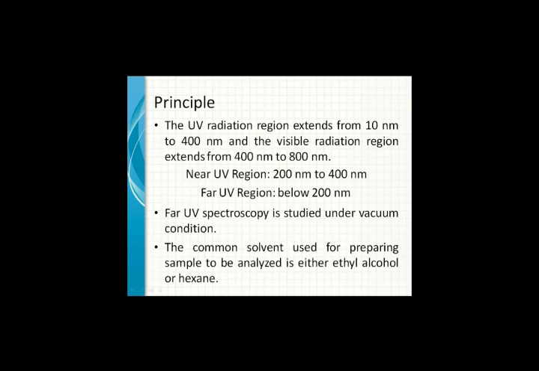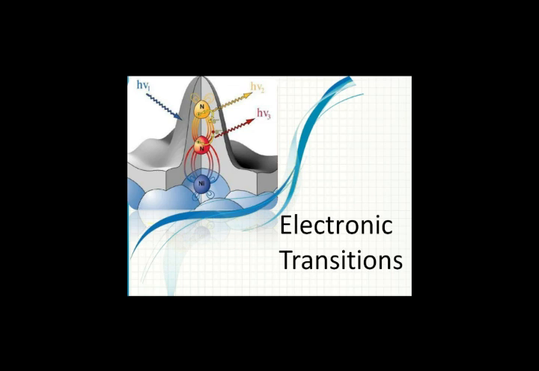When the compound is exposed to electromagnetic radiation, the energy, which is known as a photon, excites the bonding molecule. The process is known as electronic transition.